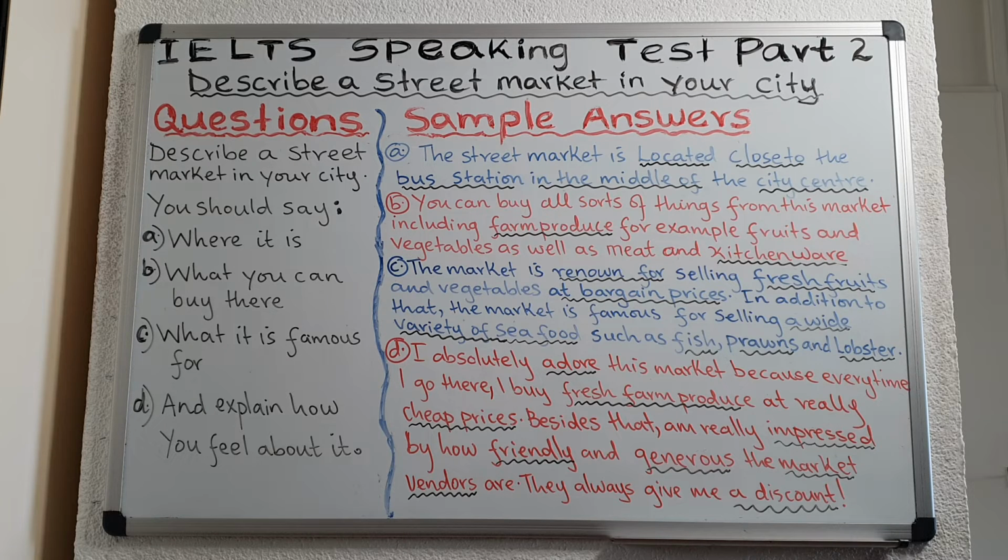Now you can answer that question by saying, I absolutely adore this market because every time I go there, I buy fresh farm produce at really cheap prices. Besides that, I'm really impressed by how friendly and generous the market vendors are. They always give me a discount.